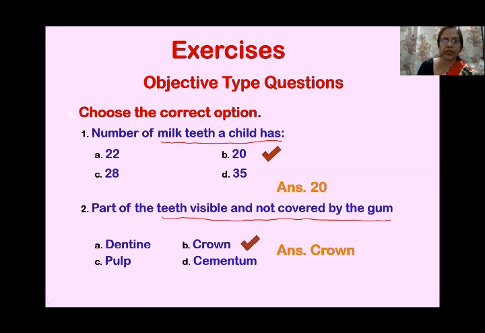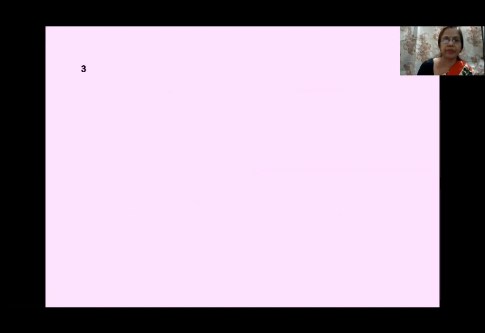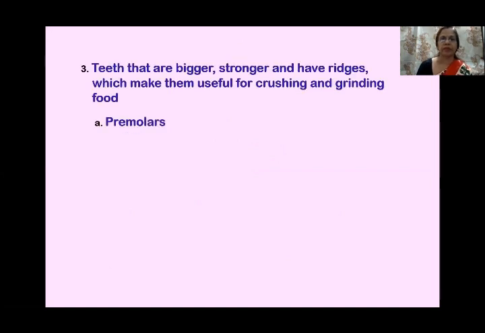Now the next question is teeth that are bigger, stronger, and have ridges which make them useful for crushing and grinding food. Now they say that bigger, stronger, and have ridges. The teeth.